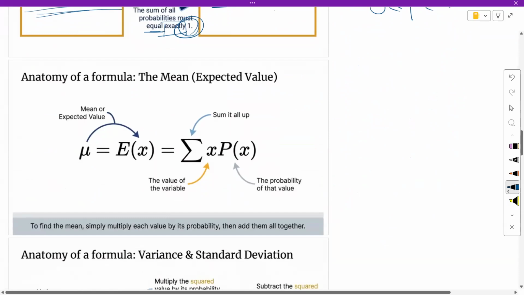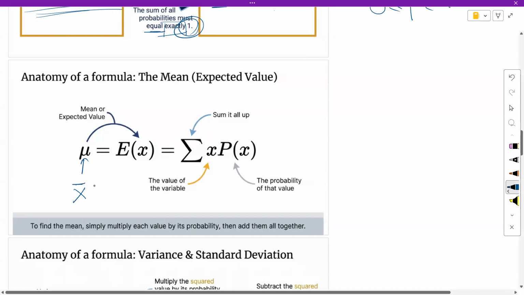And we will start to learn how we calculate the mean, variance, and standard deviation of any probability distribution. Here, the main formula, the mean. So here the mu, right? Mu means the average. In the previous studies, we may use this term, right?